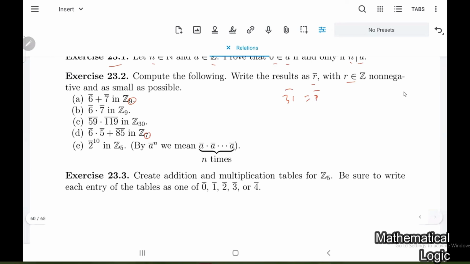But the thing is, when we deal with Zn, usually we prefer to write it as 0 bar, 1 bar, up to 6 bar. So the aim here, the best answer, is to make it inside here: 0, 1, 2, up to n minus 1. That's the best answer.